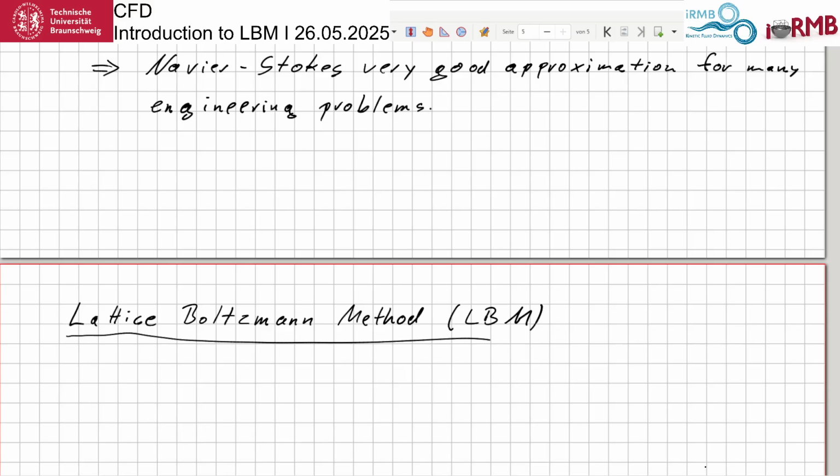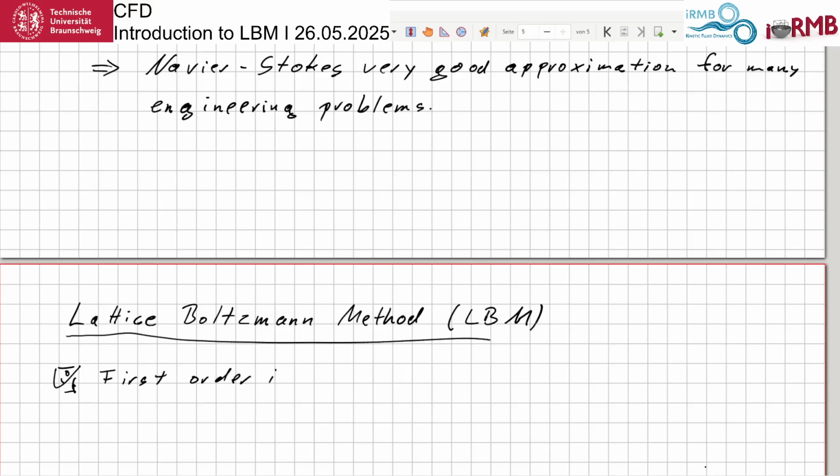If we have an approximation of the Boltzmann equation that is first order in Knudsen number, we are on the same accuracy level as the Navier-Stokes equation. So naturally, we'll end up solving the Navier-Stokes equation by that means. This is, of course, important because it simplifies what we have to do.